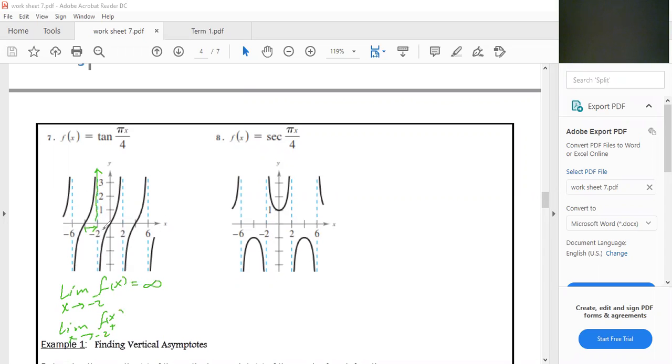Positive infinity. As we approach negative 2 from the right, f of x goes to what? Negative infinity. Here, in the same way, I answer the same questions for each problem. Negative 2 from the left, f of x goes to negative infinity.